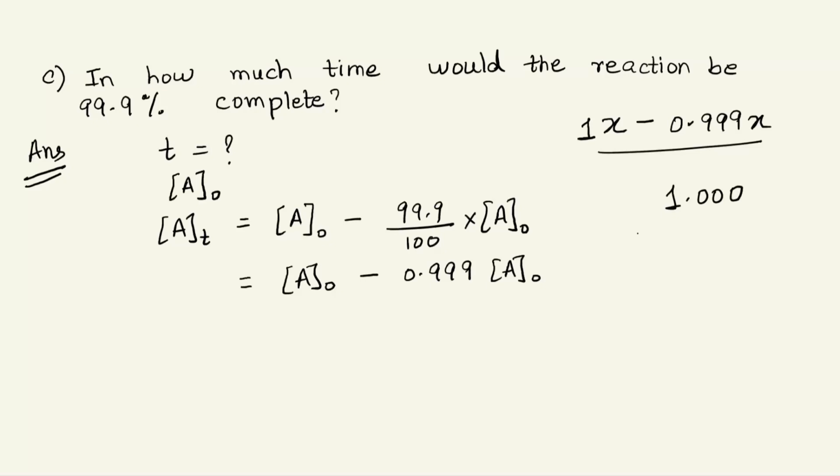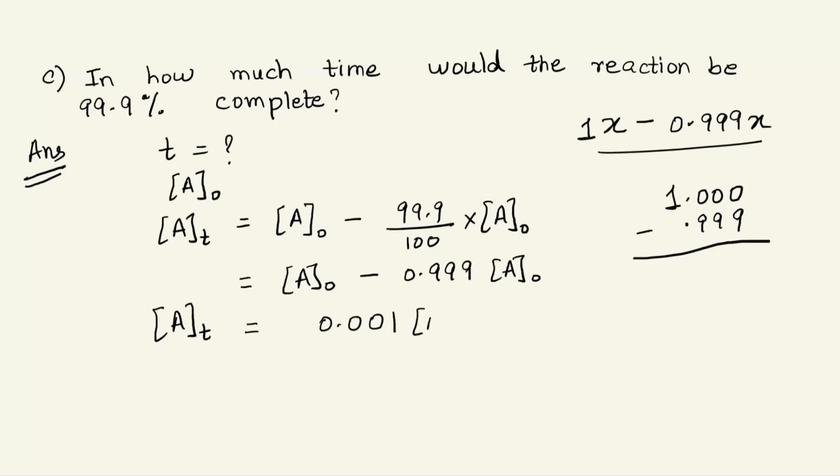So 1 minus 0.999. What do you get? Into A0. That is your concentration of the reactant after time t. How much does this come to? Yes, 0.001 times A naught.